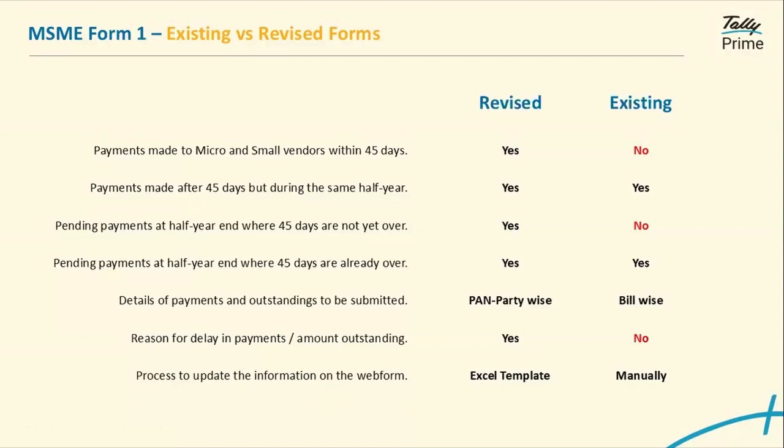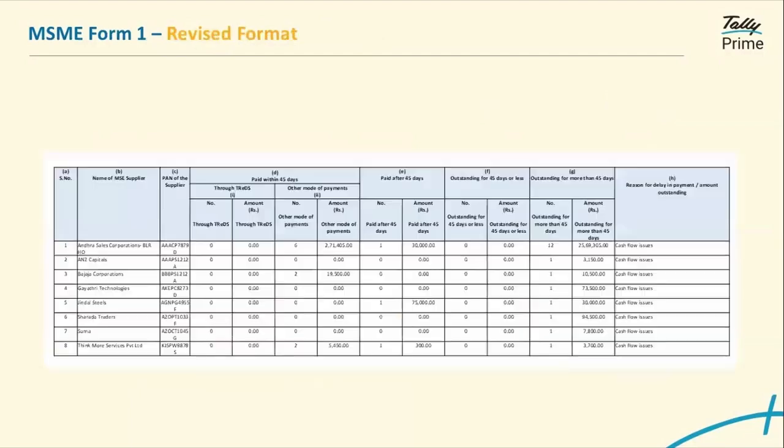They have given an Excel template in which Tally can fill the data, and you can upload that form as it is to the portal to fill the form. So these are the basic comparisons between the existing and the revised format, which is going to be there in the market.